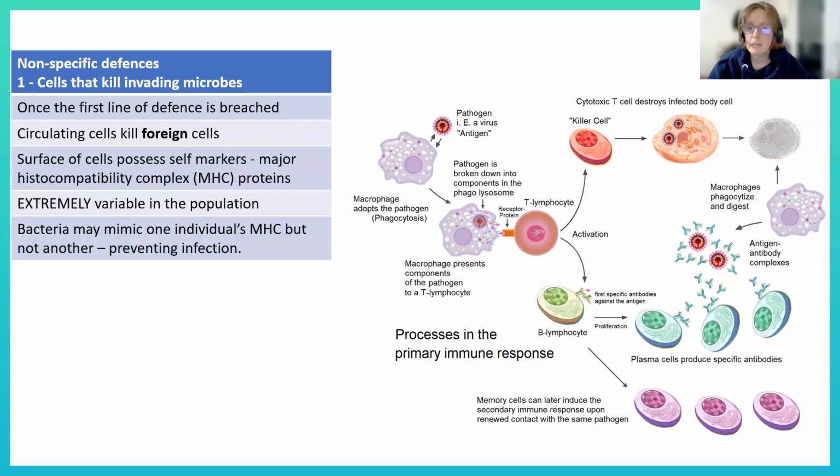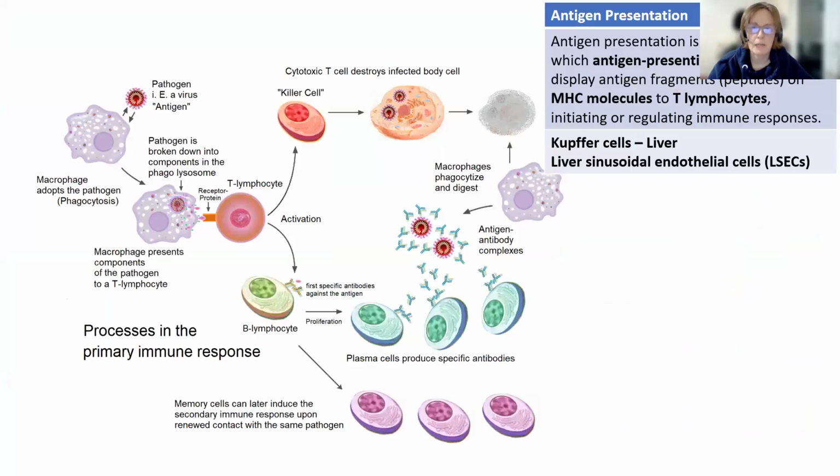And sometimes bacteria might mimic some of these cells, but they can't mimic everyone's cells because there's variability in the population. You might get the odd bacteria that gets through because it's doing a pretty good job of mimicking some of these structures on the surface that some people have, but not all people will have that same cell.